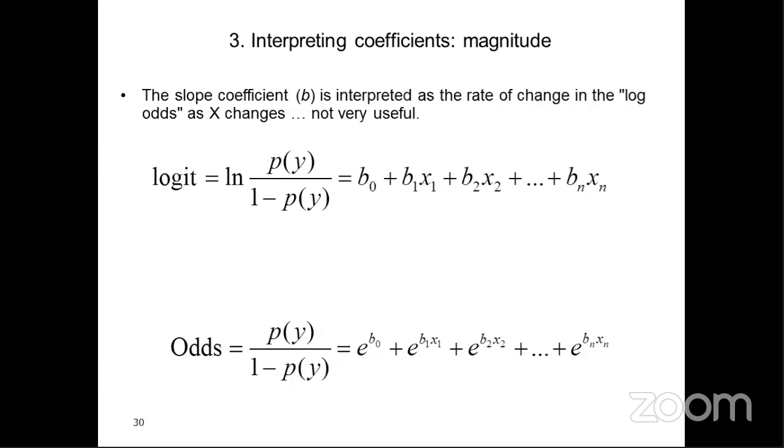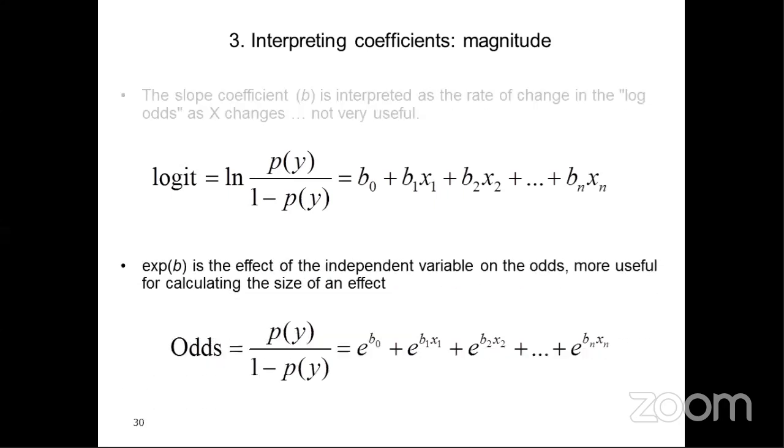The b, or the coefficient, is interpreted as the rate of change in the log odds, because your dependent variable is in terms of the log odds. That's why you have to interpret the rate of change in log odds as x increases or decreases. That is the way you should interpret the direction of the logit model.